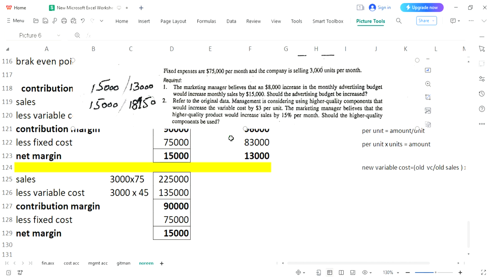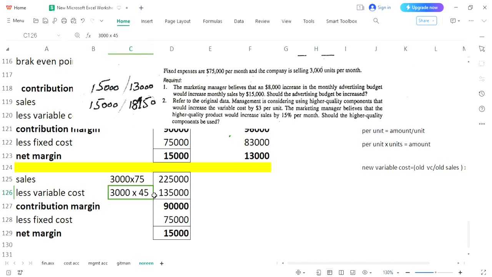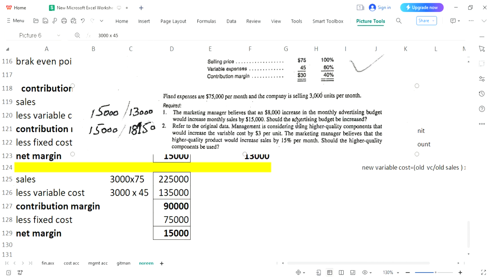Now we will prove it by using this contribution margin income statement. We will see whether our profit would be increased or not. The very first thing is that variable cost is increased by 3 per unit. Look over here. Your variable cost per unit was 45. It was given in your question. Here variable expenses were 45 per unit, and we have posted the same 45 per unit over here.